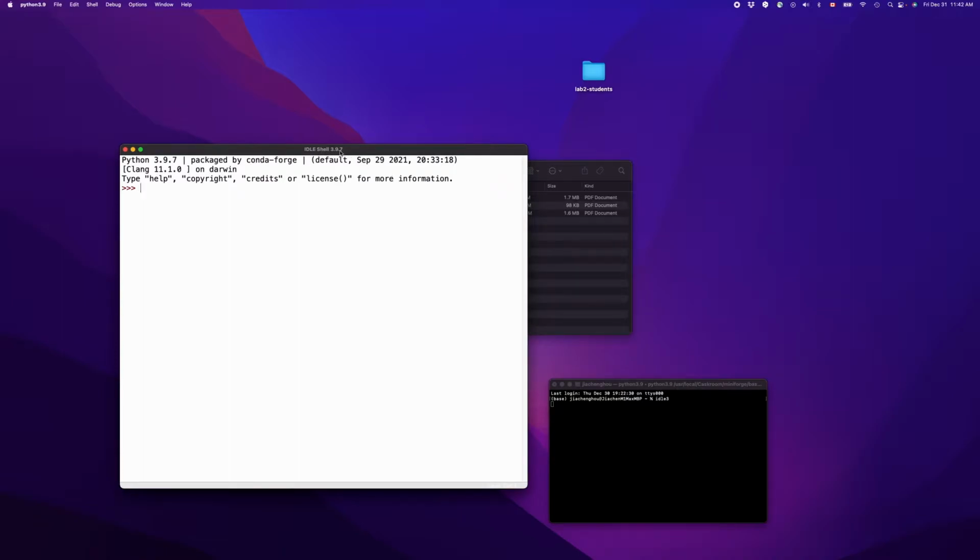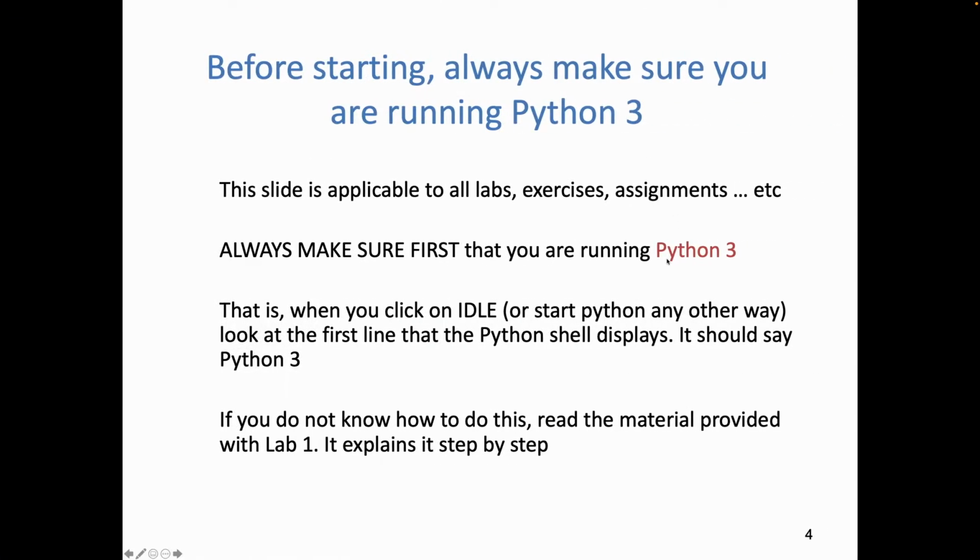For me, I use Python version 3.9. So make sure you use Python 3. If you don't know how to do this, feel free to ask TAs or check the materials provided in Lab 1. There is an instruction file in Lab 1 about how to open IDLE.